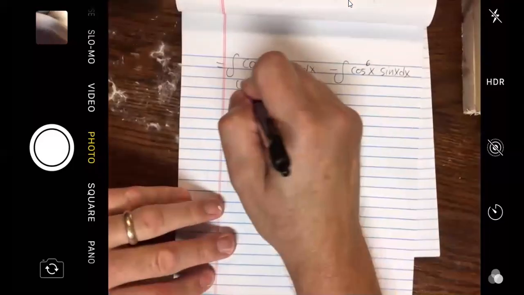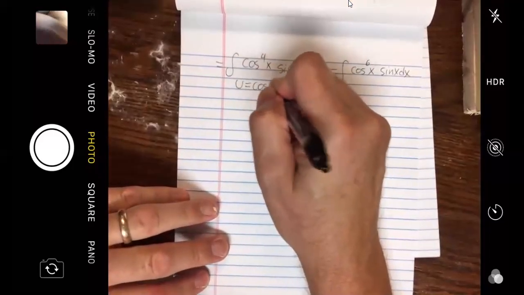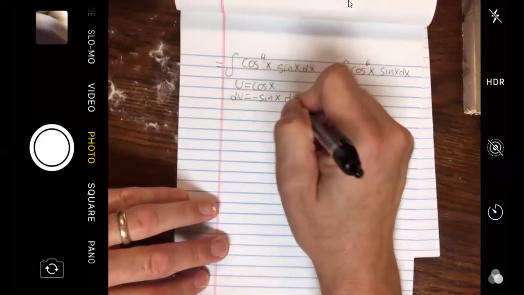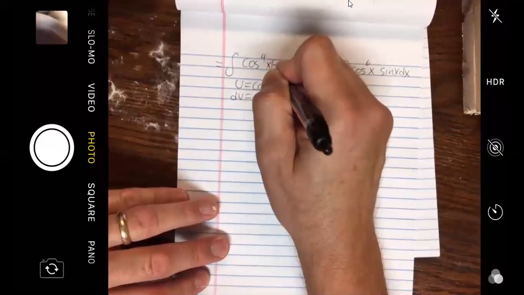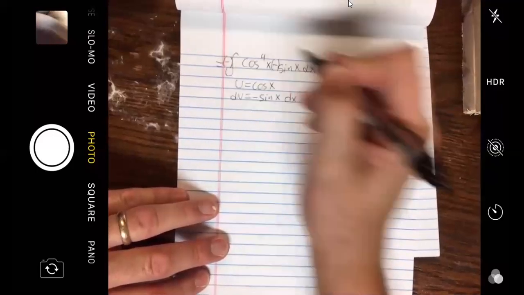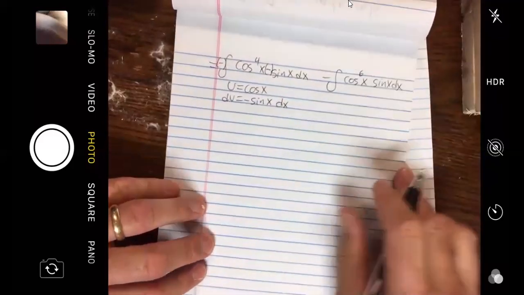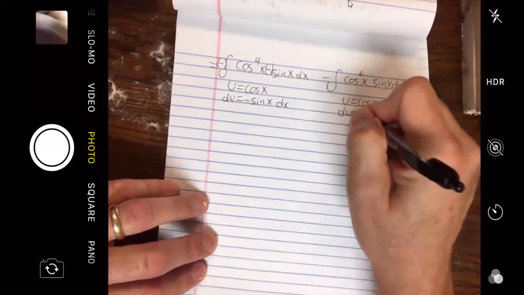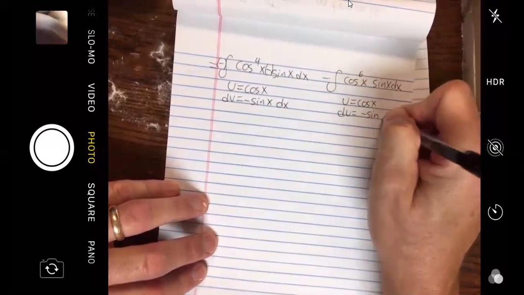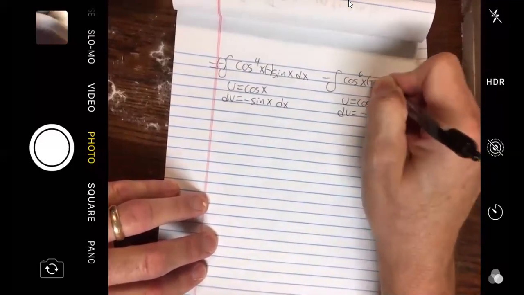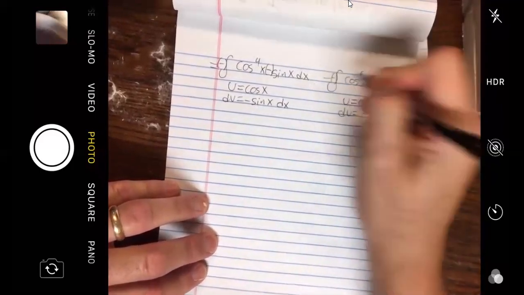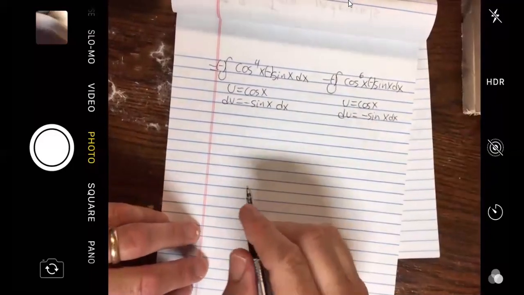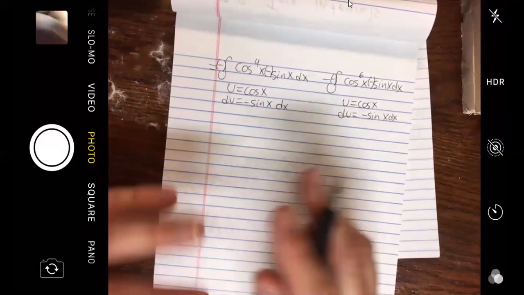And if my u is cosine, my du is negative sine, then I need a negative in here and a negative out front. And same thing here, u is cosine, du negative sine. Then I will need a negative here and again a negative out front. And I already have a negative, so those 2 negatives there I'll turn positive. Lost anybody?